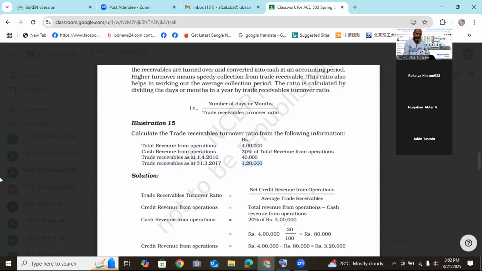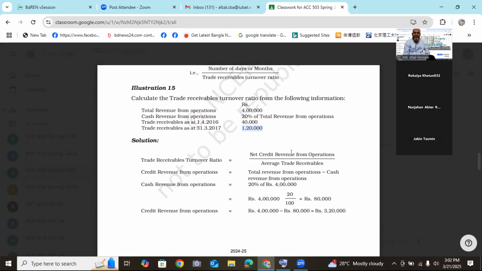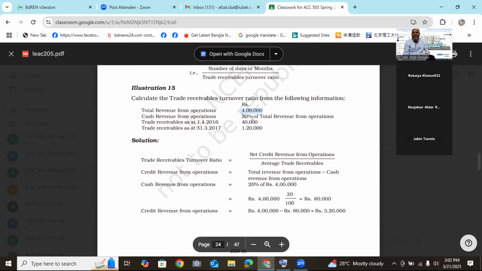Okay. Now, how to solve this? Trade receivable turnover ratio is net credit revenue. So credit revenue is, out of 4 lakh, 80%, isn't it? Because cash revenue is 20%.